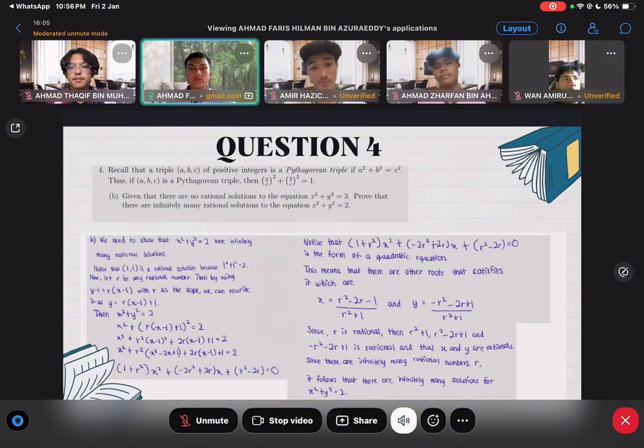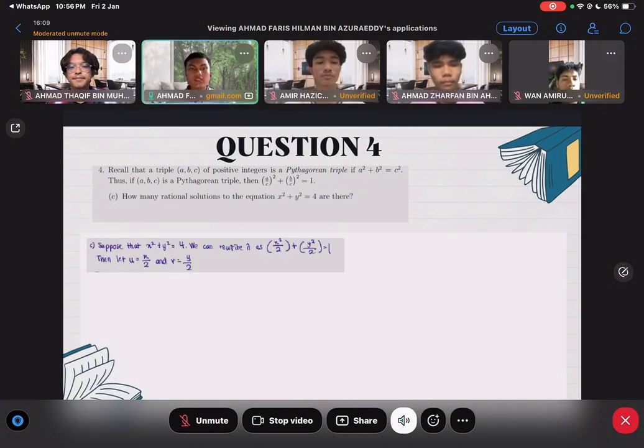This means that there are other roots that also satisfy the equation, and by doing some algebra, we can obtain these roots, which are x equals (r squared minus 2r minus 1) divided by (r squared plus 1), and y equals (negative r squared minus 2r plus 1) divided by (r squared plus 1).